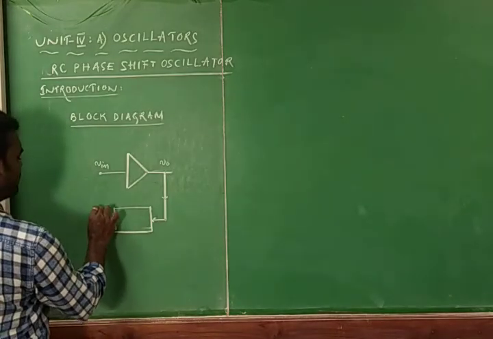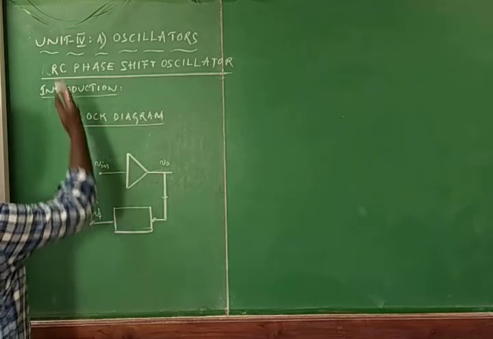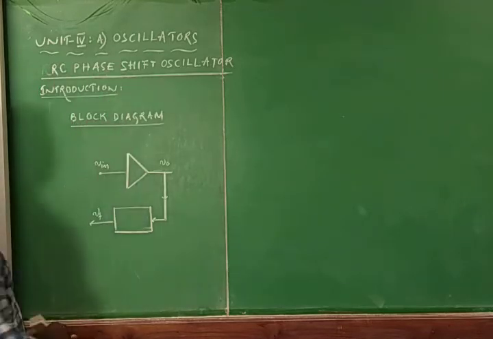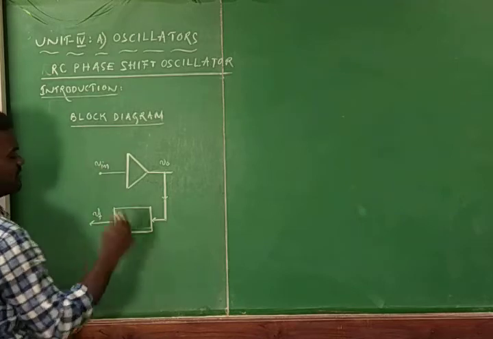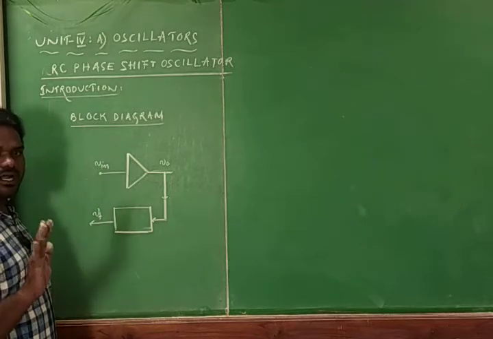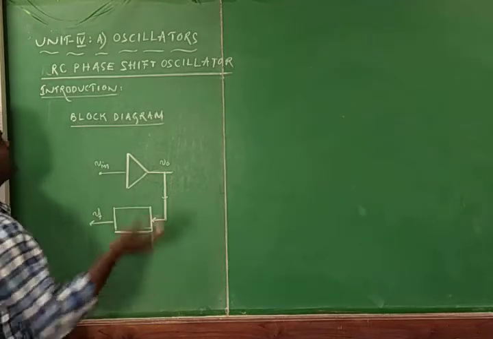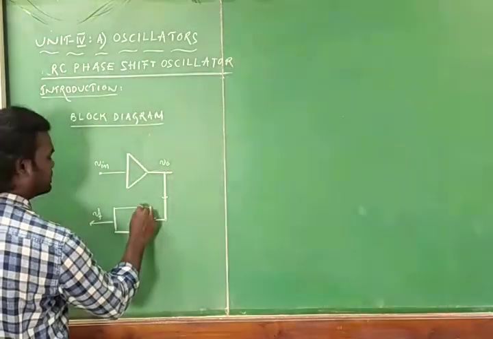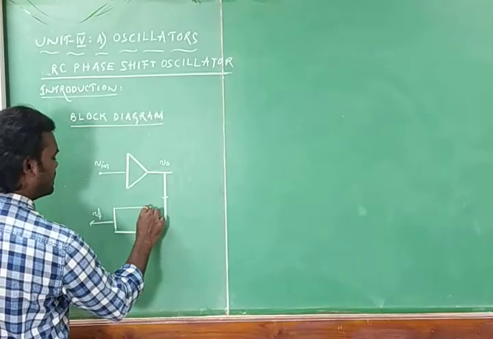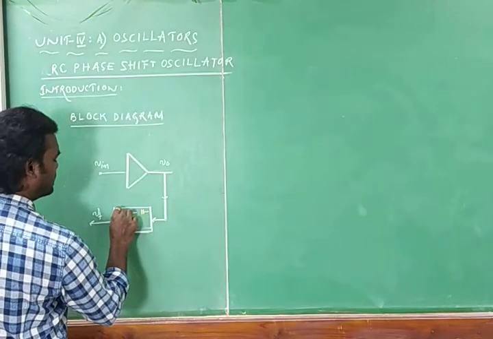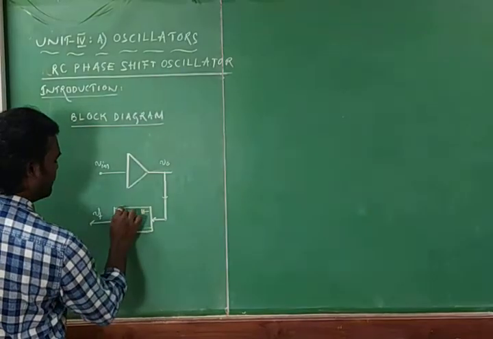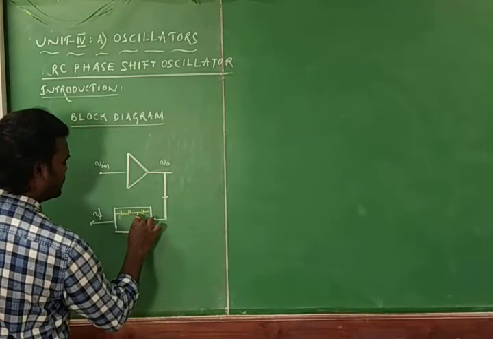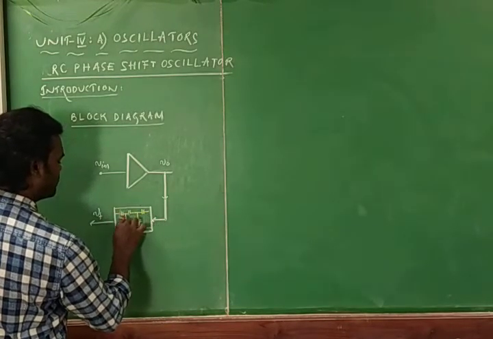Now this is providing the VF, and which type of oscillator is it? The RC phase shift oscillator. That means this feedback network has to be designed with R and C components only. In the case of the RC phase shift oscillator, 3 capacitors and 3 resistors can be used in the feedback network.